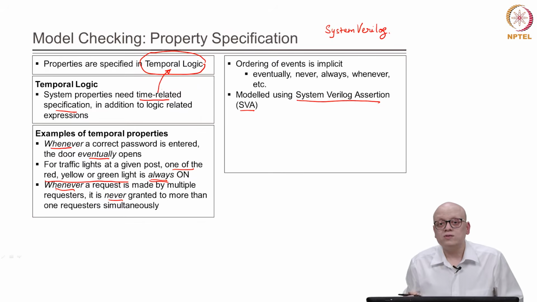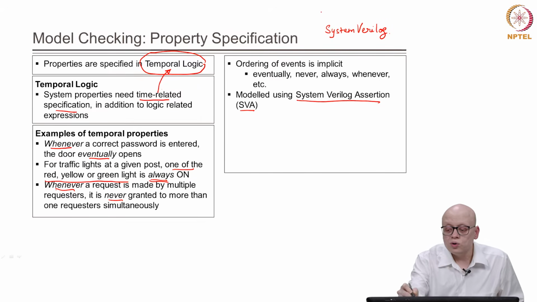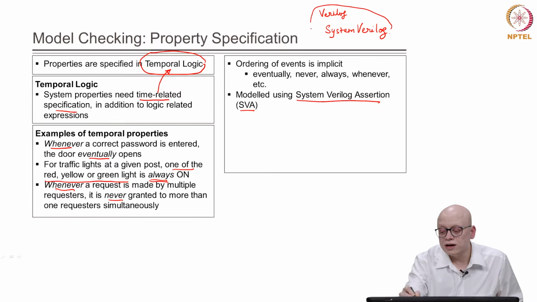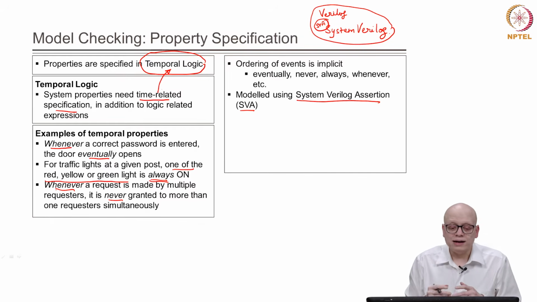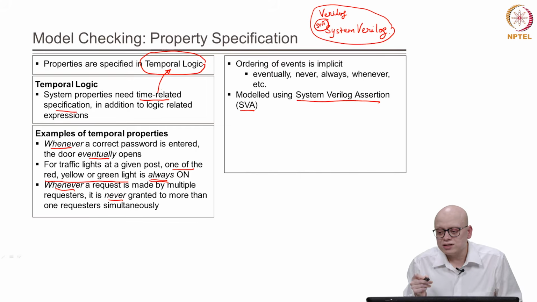In the earlier part of this course, we had looked into Verilog, and we had seen that SystemVerilog is a superset of Verilog. SVA is a part of SystemVerilog, and we can specify temporal logic using the constructs of the SystemVerilog assertion language.